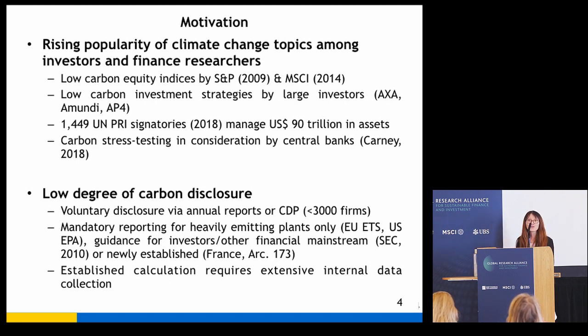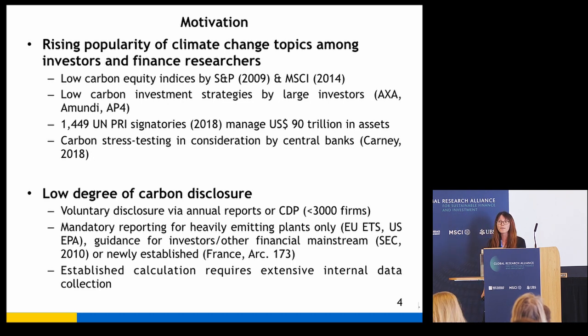Then moving to the degree of disclosure, we have the CDP project, which covers voluntary disclosure, and there are only around a couple of thousand firms that are actually disclosing scope 1 and scope 2 together. And then meanwhile, if we compare with the number of companies out there, in another project, we looked at all firms in the world, and we downloaded the data from ORBIS. There are actually 190 million records of firms.